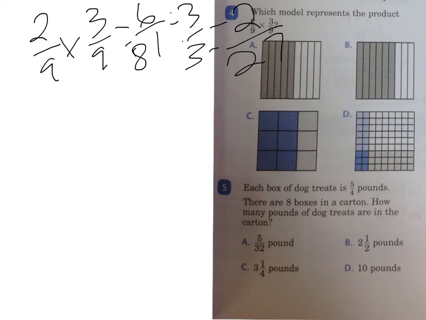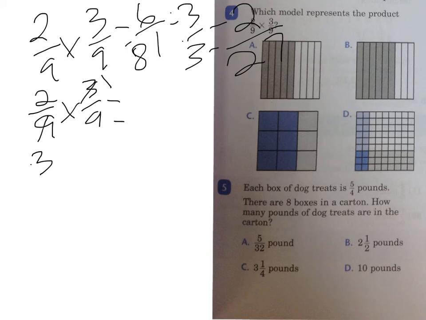And then we can always reduce. So we can say 2/9 times 3 over 9. We know that 2 and 9 will not reduce, but 3 and 9 will. So we know that 3 will divide into 3 1 time, and then 9 will divide into 3 3 times.